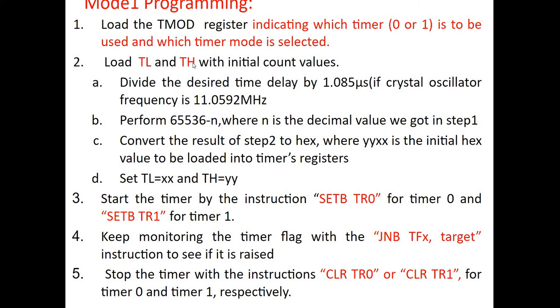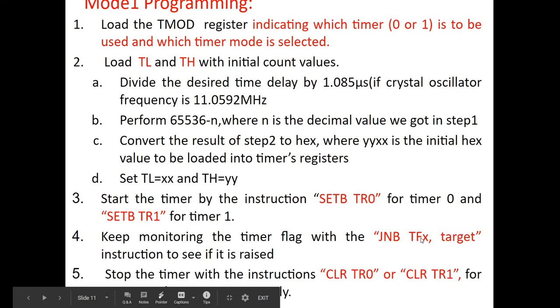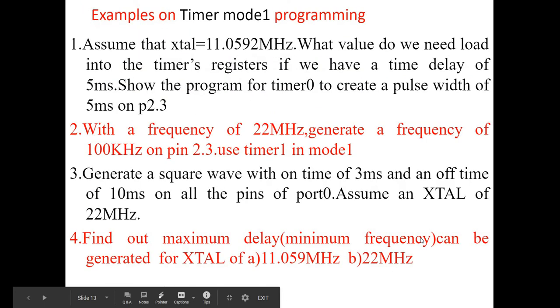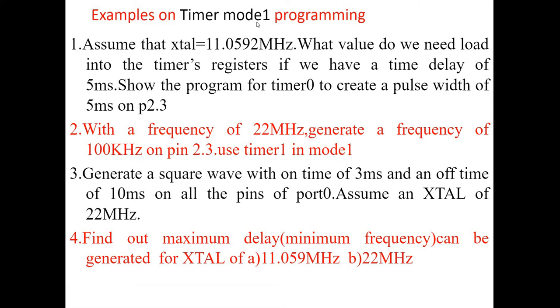Please remember that in mode 1 programming, each time the timer flag sets, we need to load the values into the TL and TH registers again. In the next video we will see a few examples of timer mode 1 programming, to generate a pulse and a square wave.